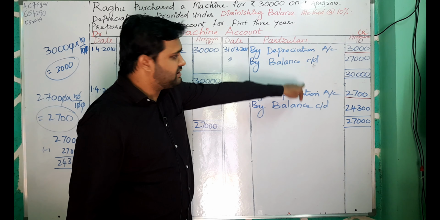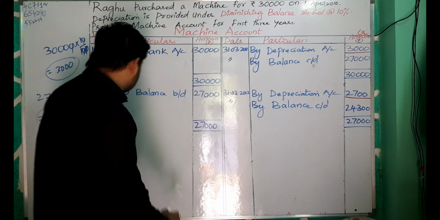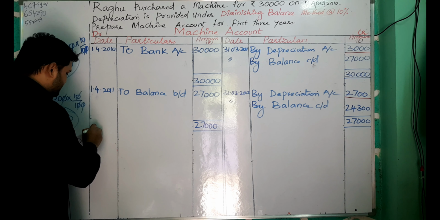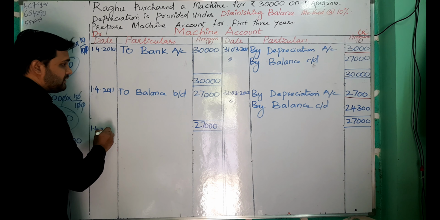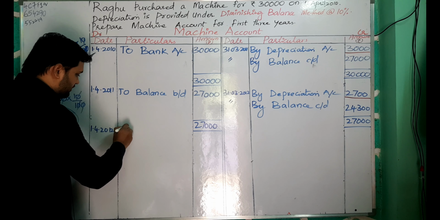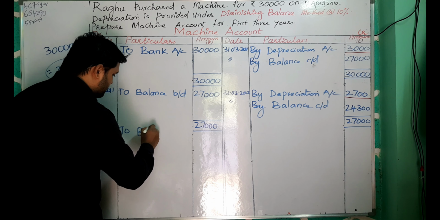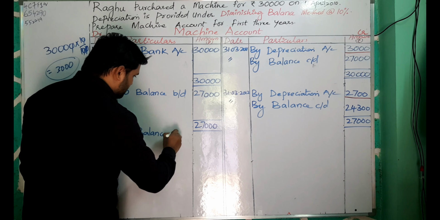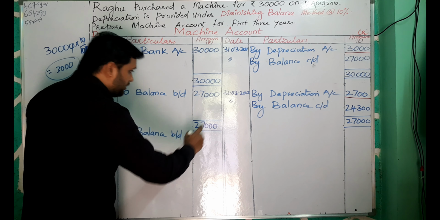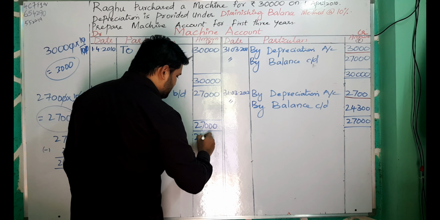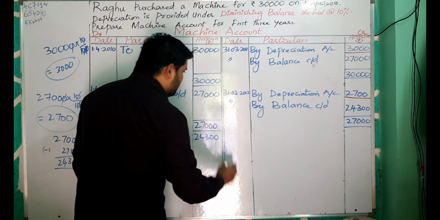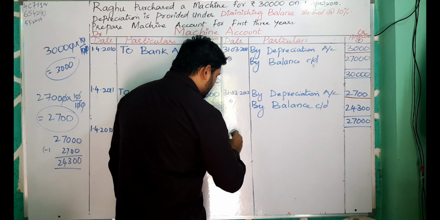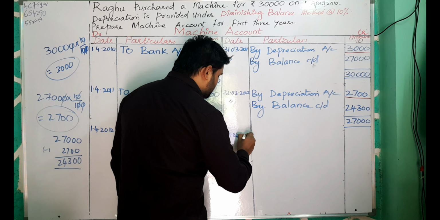Already we have completed the first year and second year. Now this is the last year we need to calculate. 1st April 2012, to balance brought down, 24,300.